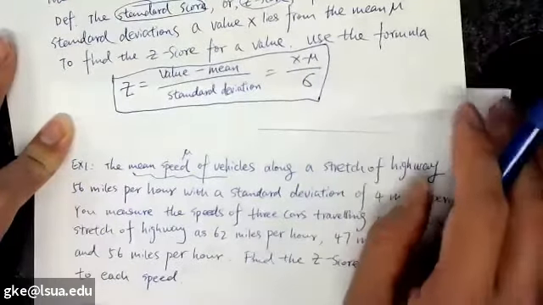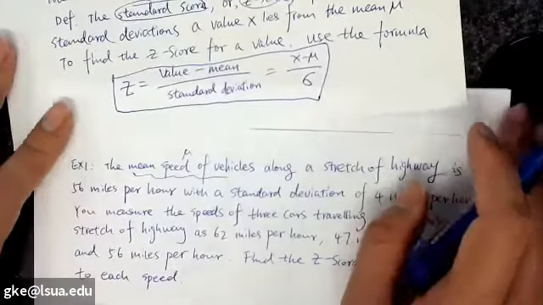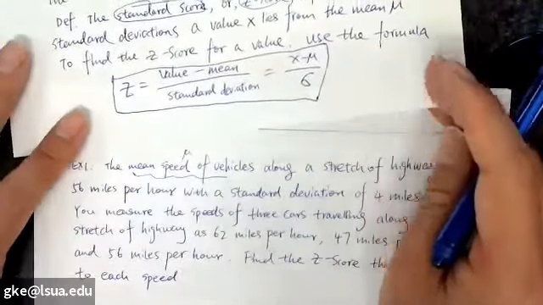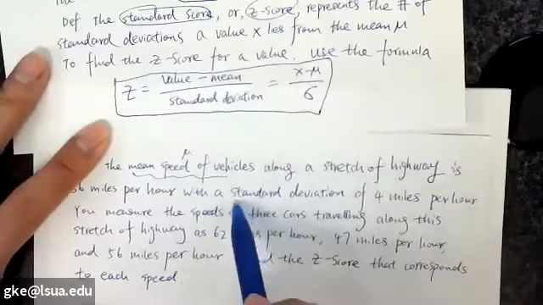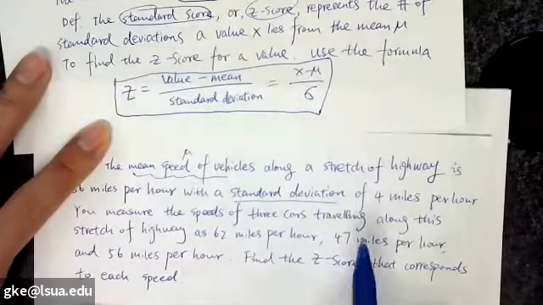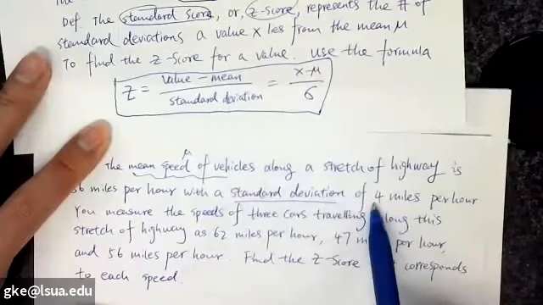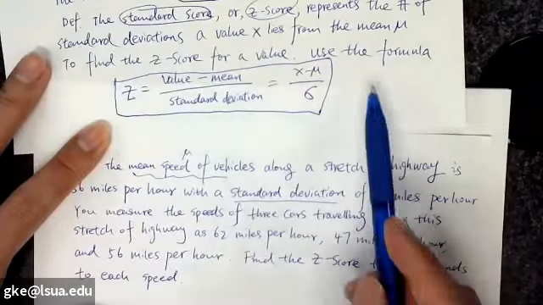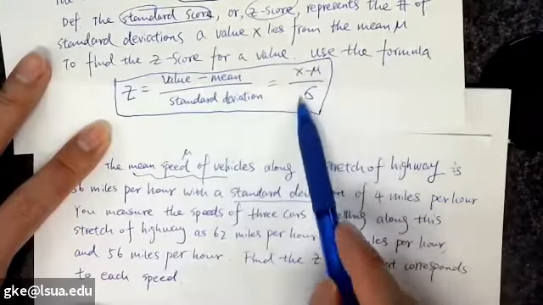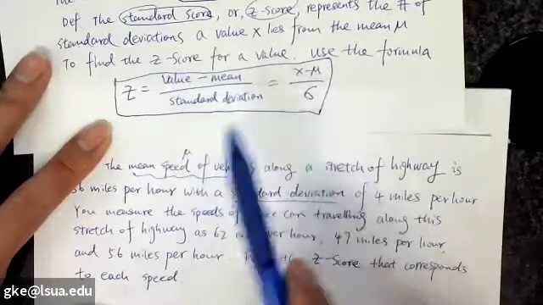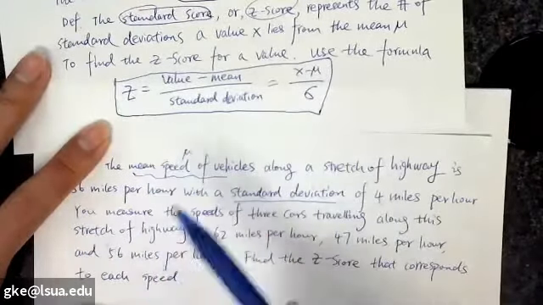Mu equals 56. And another keyword is standard deviation. So that means sigma equals 4. Right, sigma equals 4. After you get the mu and the sigma, the left work is plugging mu and sigma in to calculate the z, right?